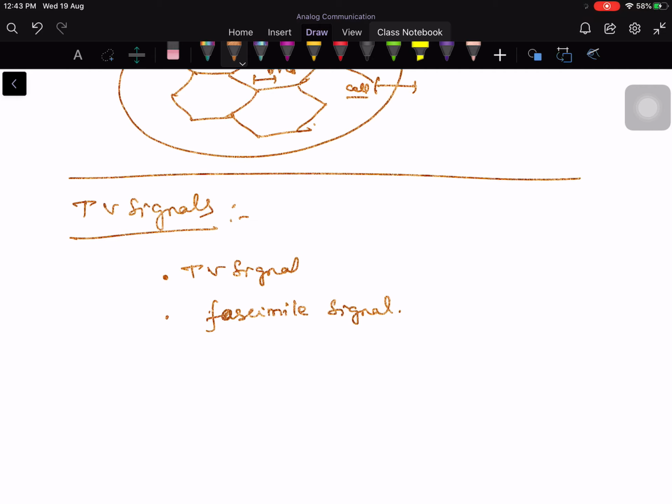The TV signal is a moving picture signal. When it is a moving picture signal, you have to make sure that you do not lose the essence of motion, because the picture is moving, frame by frame.